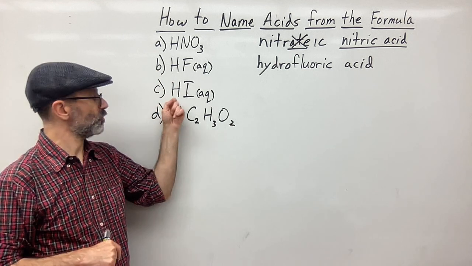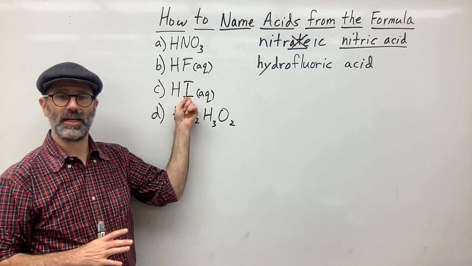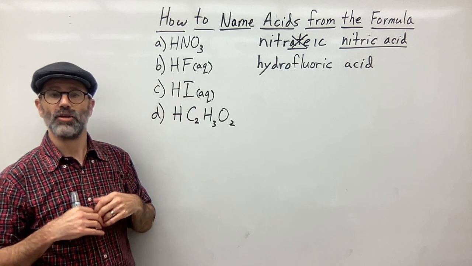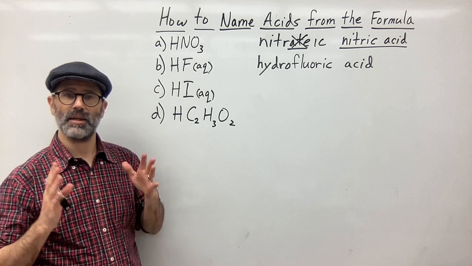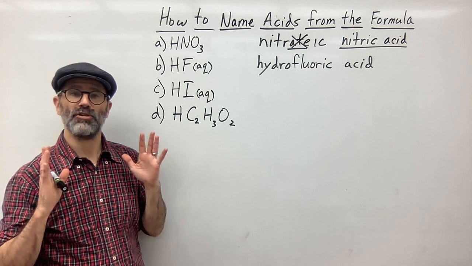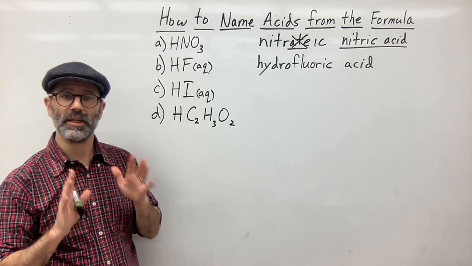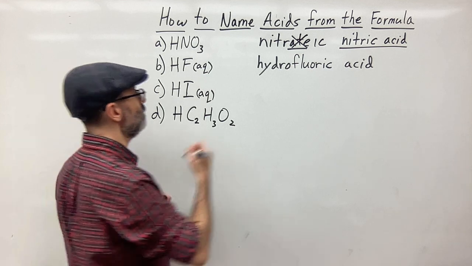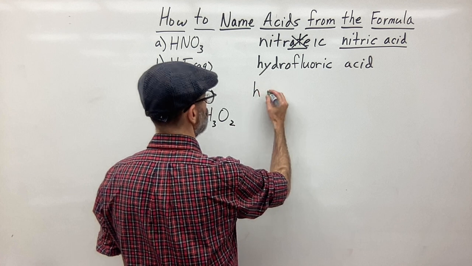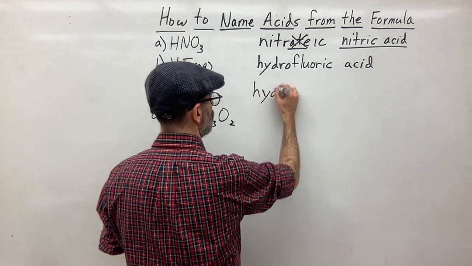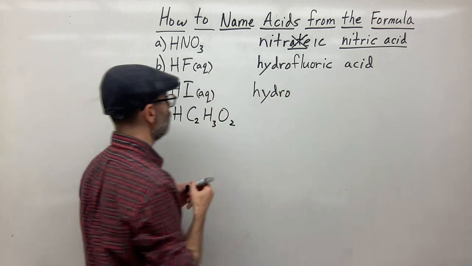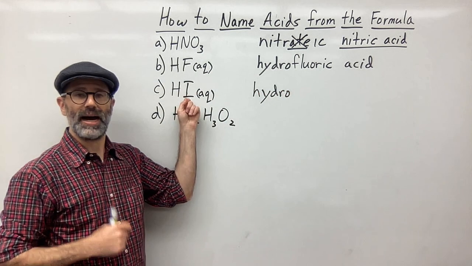Next, we have HI. Same thing. Notice we don't have a polyatomic ion in here. We don't have oxygen, so it's not going to be an oxyacid. It's a binary acid. So we're going to use hydro again. So it's going to begin with hydro for hydrogen. So this first element is hydrogen, so hydro. And here we have iodine.